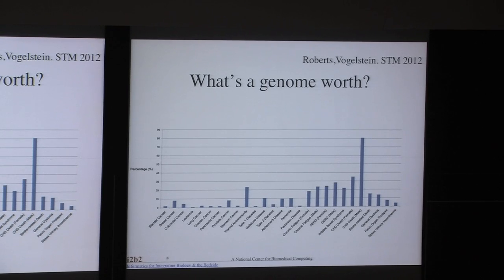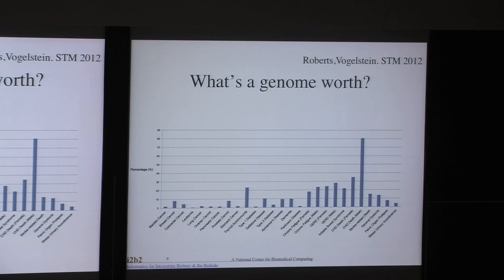Moreover, they also have the frequency of the diseases. So they were able to show for what percentage of these various disease populations you would be able to have something informative for the patient if you could interpret fully, not one variant, but the whole genome. This article generated a lot of controversy, and I invite you to look at the responses to their paper and then their response to the responses, which is extremely entertaining.